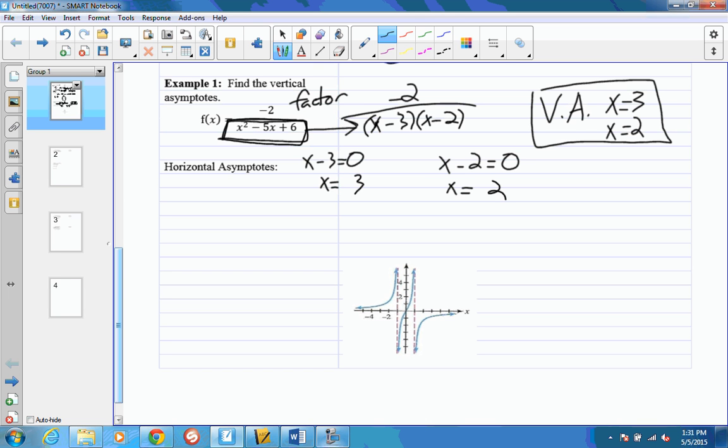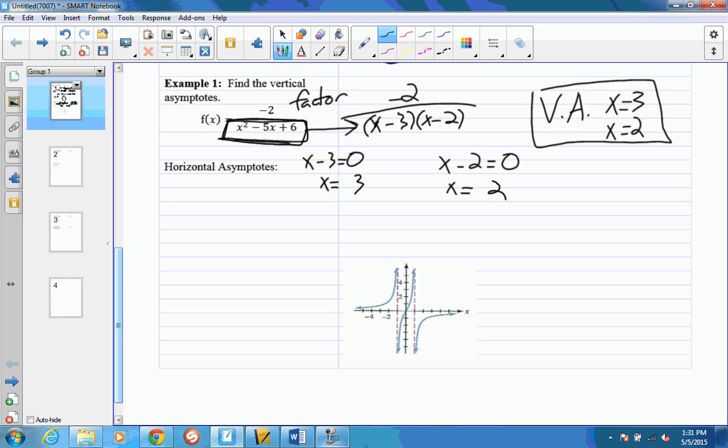Guys, you don't have to factor the numerator when you're finding vertical asymptotes, because can I have 0 in the numerator? Yeah. So I'm only worried about the denominator when I'm talking about vertical asymptotes. Anything can happen up top in the numerator.